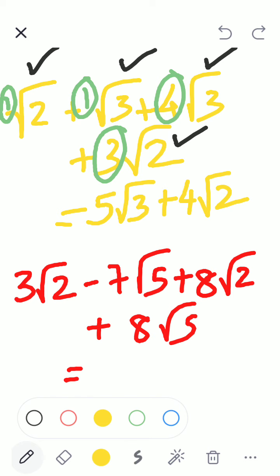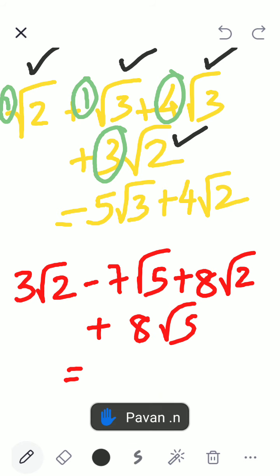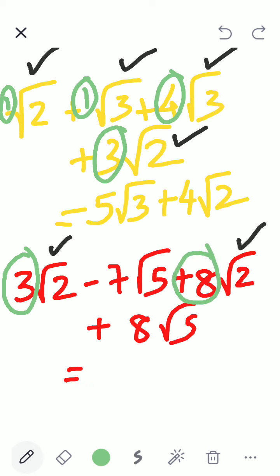Next, the red one. Which are the common houses? Root 2 house is common. Correct. What is the number outside the house? 3 plus 8. Correct.